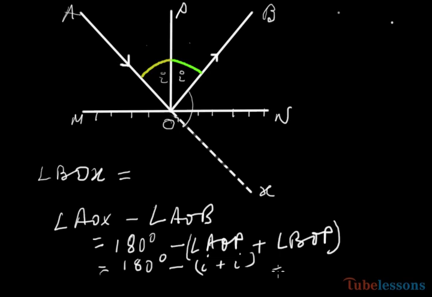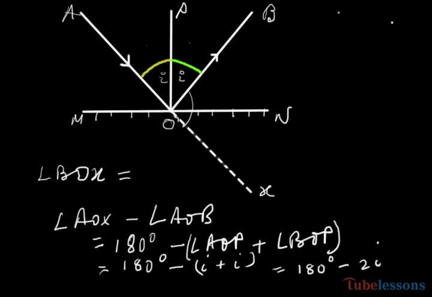That is equal to 180 degrees minus 2I. So the angle of deviation, that is BOX, after reflection of light is 180 degrees minus 2I. That is 180 degrees minus 2 times the angle of incidence.